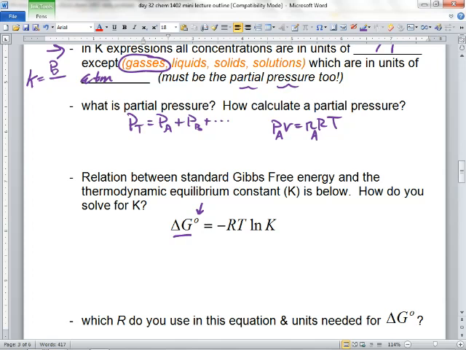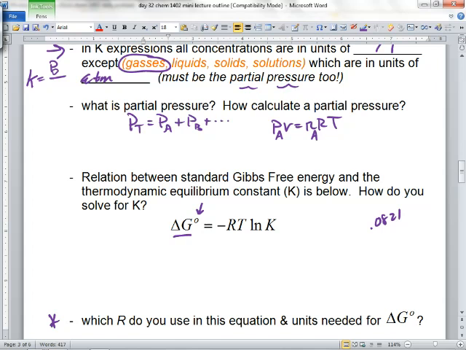Now, before we do the math and solve for K, which R would you use? R is the gas constant. 0.0821, but we never memorized the unit.